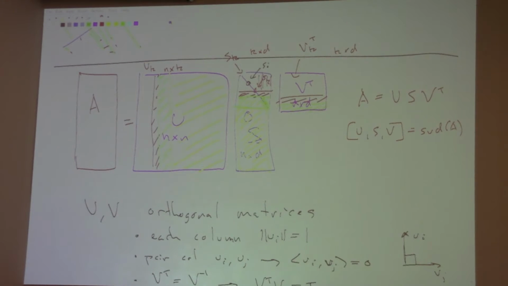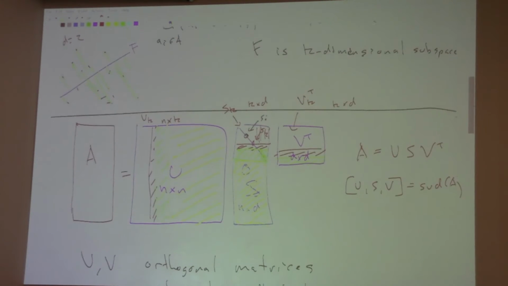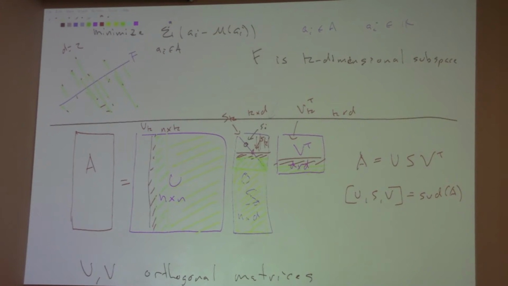These SI are called the singular values. These are the elements on the diagonal of the S matrix.